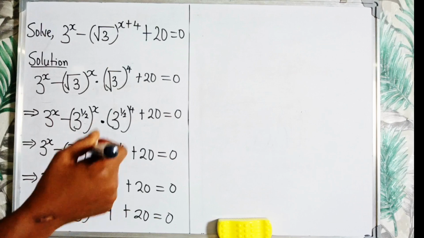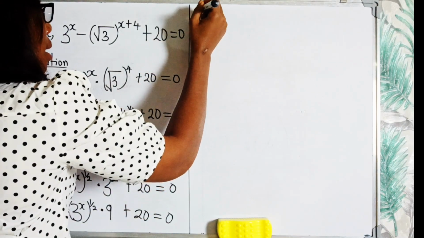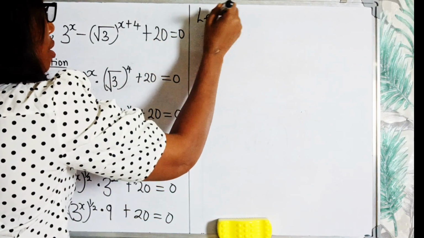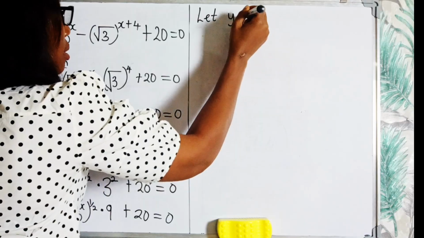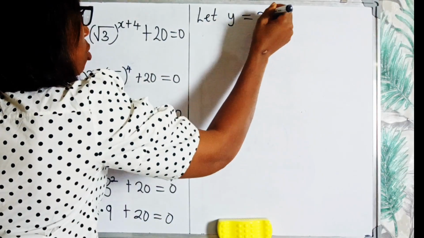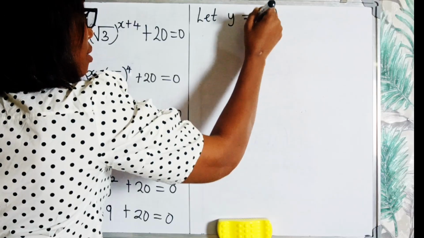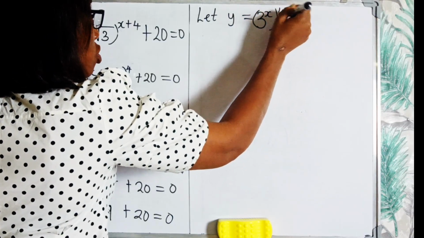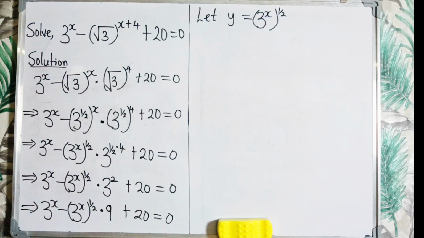Let y be equal to (3^x)^(1/2). Remember, this is 2 times what we have here.